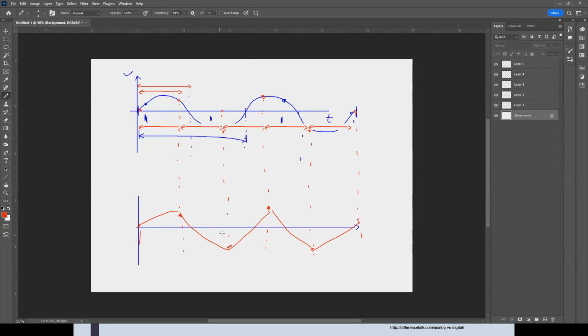Here is the period. Look at this. If I was more exact, I would still end up with the same wavelength. So we were not able to recreate the exact shape of this waveform, but at least we got something to hang on to. We were able to recreate the frequency.